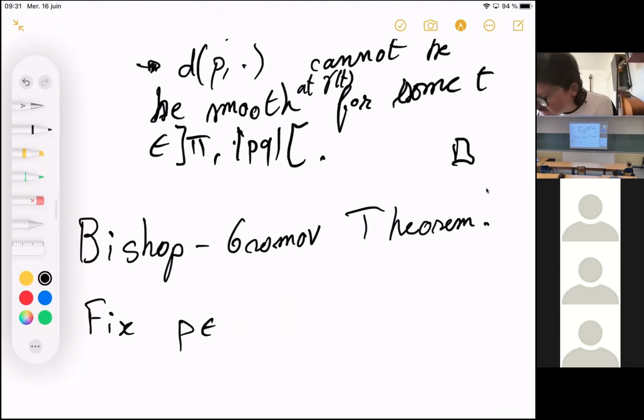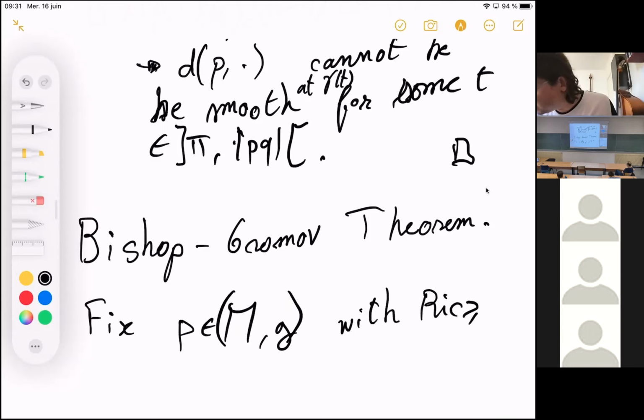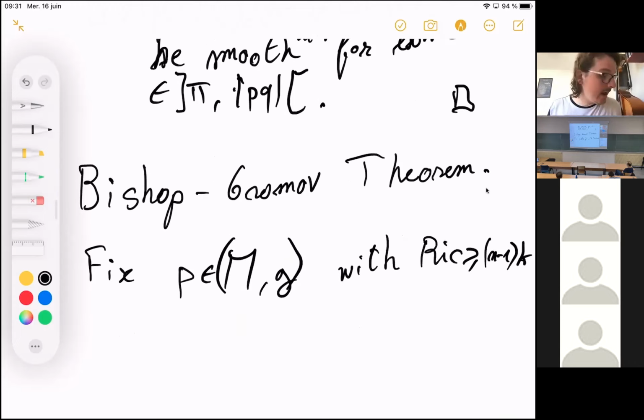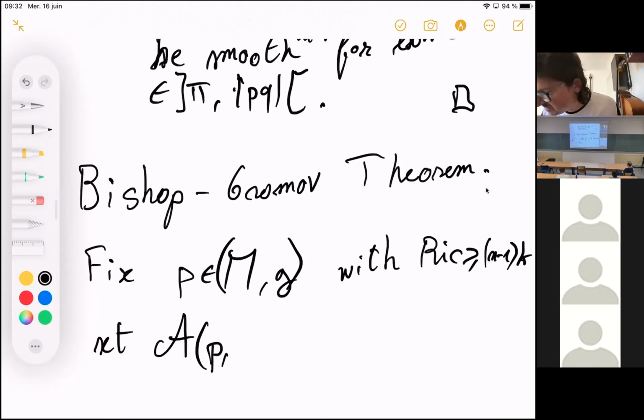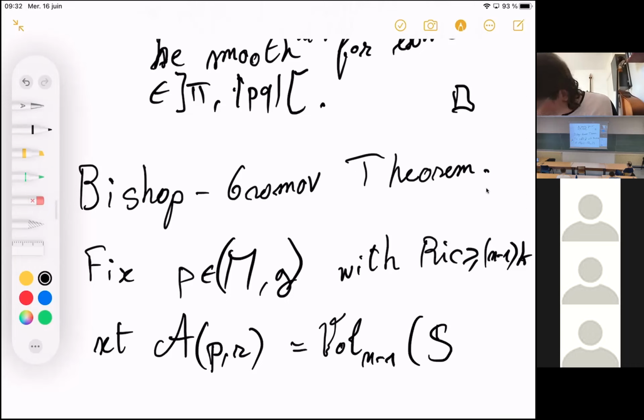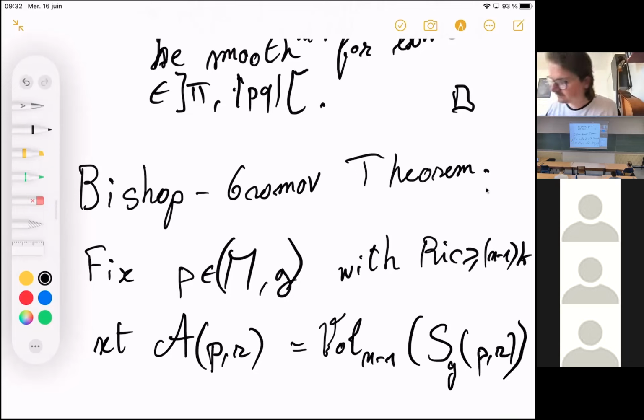Okay, so fix p in M. M has a Riemannian metric with Ricci greater than n minus 1, okay? And also set A_p(r) to be the n minus 1 dimensional volume of the sphere with respect to the metric g, centered at p and of radius r.